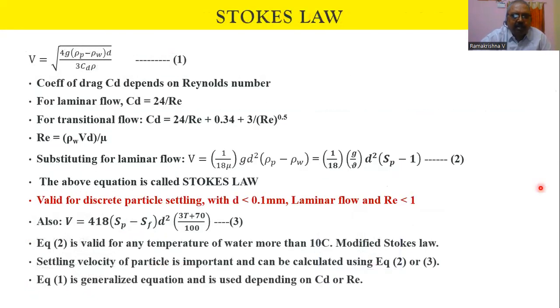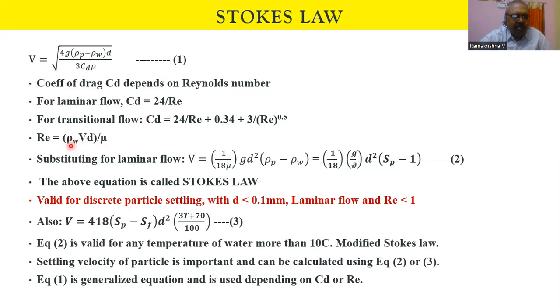Depending on the nature of the flow in the tank, we are going to change this equation into subsequent forms. The coefficient of drag depends on the Reynolds number. If you assume a laminar flow, CD is equal to 24 by Re, where Re is the Reynolds number, written as rho w V d by mu.